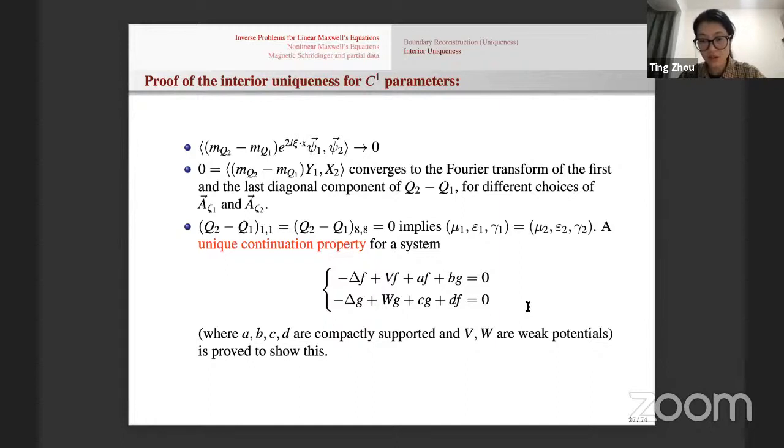I'm sure Venki has talked about using Carleman estimates to construct CGO solutions vanishing on part of the boundary. So there are many works done in this direction. For Maxwell's equations, the Carleman estimate approach requires very restricted geometric assumptions on the parameters, I guess.